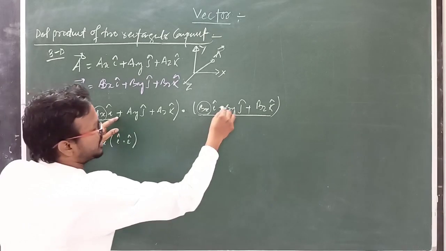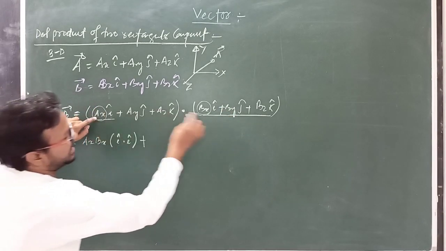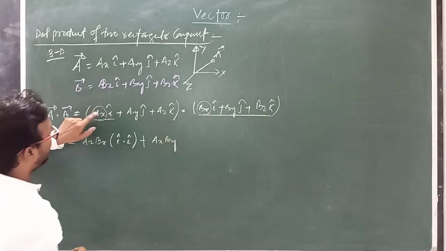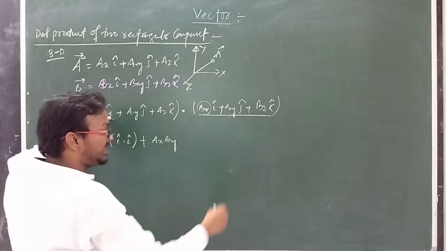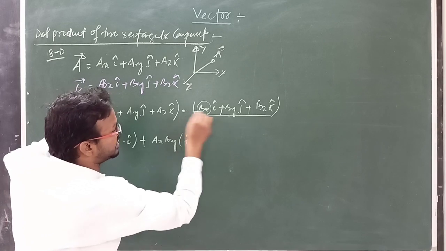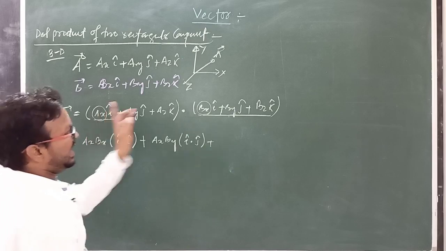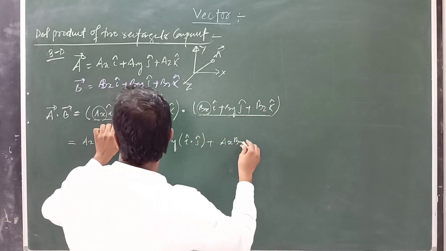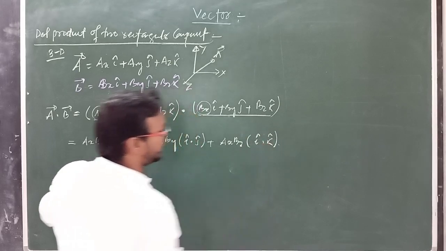Again there is a positive sign, so you have to place here a positive. Then ax by scalar, but i cap and j cap vector, so we can write here i cap dot j cap. Similarly ax bz, here i cap dot k cap.